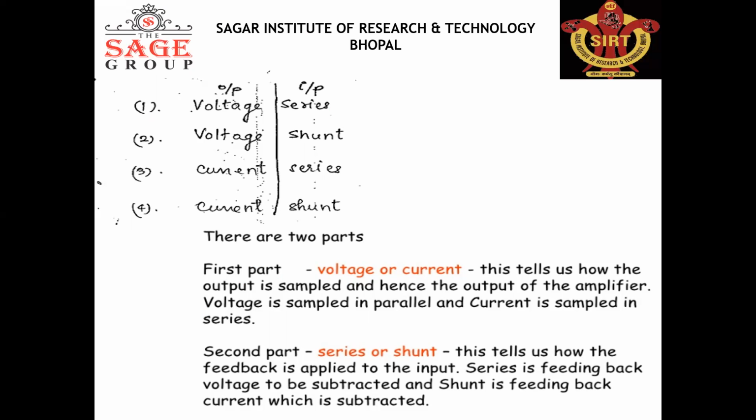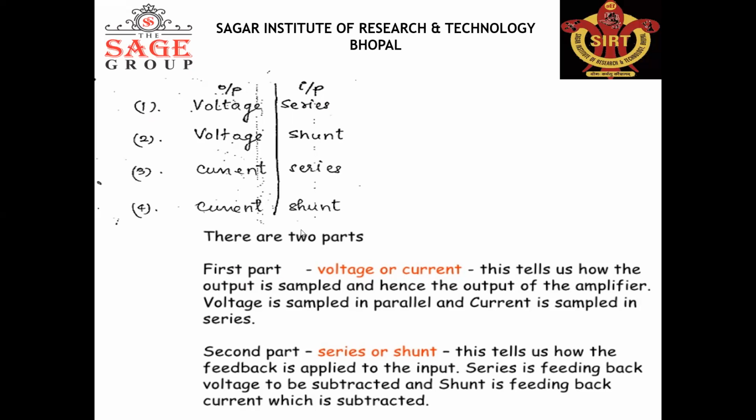If the energy sampled is voltage, then the output of the amplifier and the feedback network should be connected in parallel. But if the energy is sampled in current form, then the output of the amplifier should be connected in series with the input of the feedback network. So the first part defines how we do the sampling, either in voltage form or in current form, right?